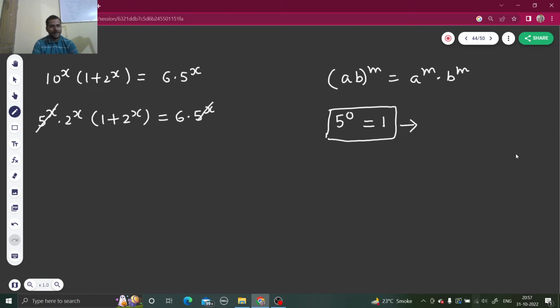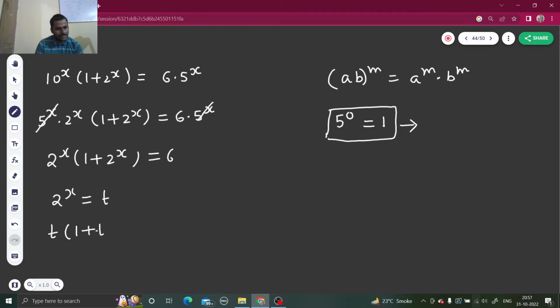Now the simplified expression is 2 power x times (1 plus 2 power x) equals 6. For some time let's assume 2 power x as t. If you do so, you'll get t times (1 plus t) equals 6. So t plus t square minus 6 equals 0.